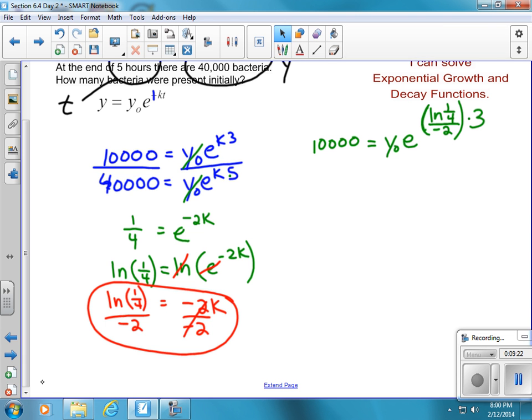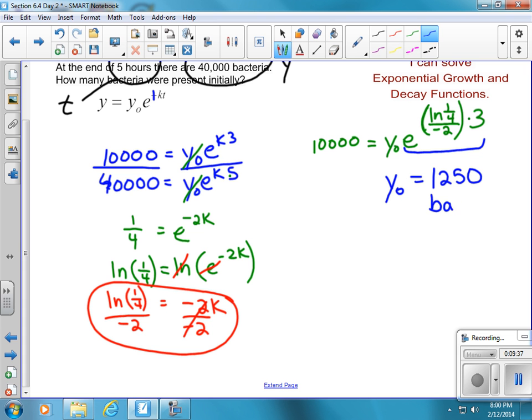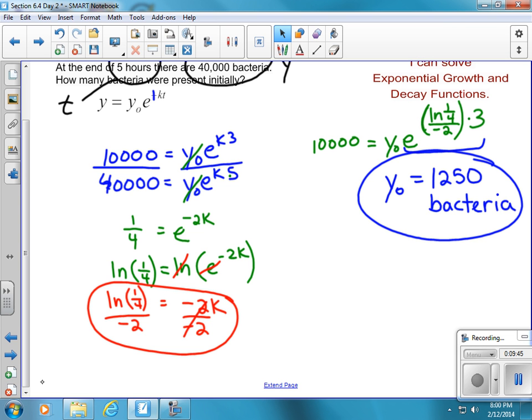If you do this calculation, because this is just a number, and then divide that number into 10,000, you should get y sub 0 equals 1,250 bacteria. I don't know how to spell that. Bacteria or something, some plural of that. Check that answer to be sure.